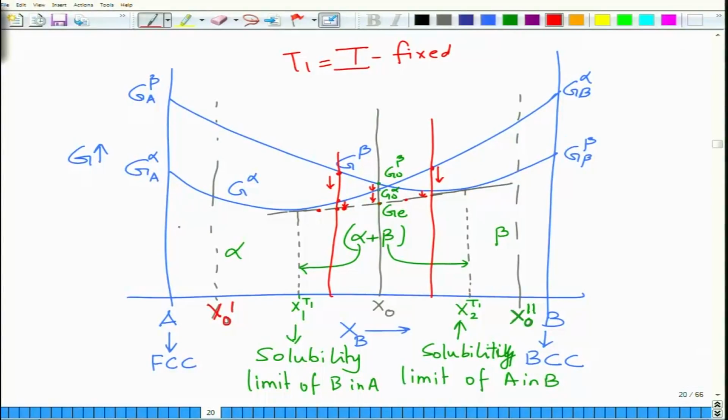Okay. And another thing which this curve shows you, if you extend this further, the intersection of this line, what does it tell you? The intersection of this line is basically the chemical potential.